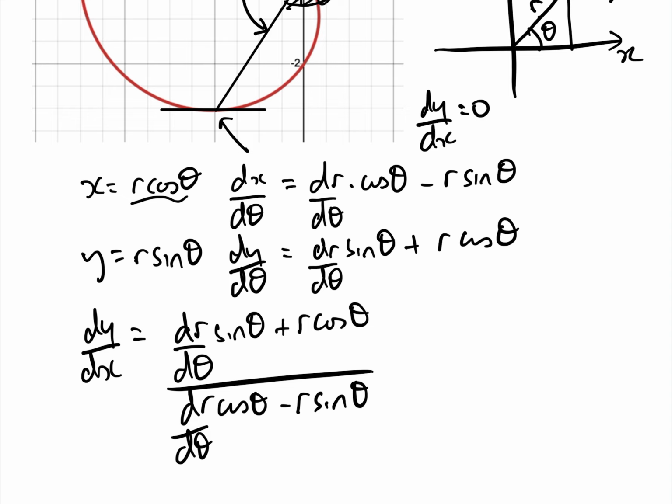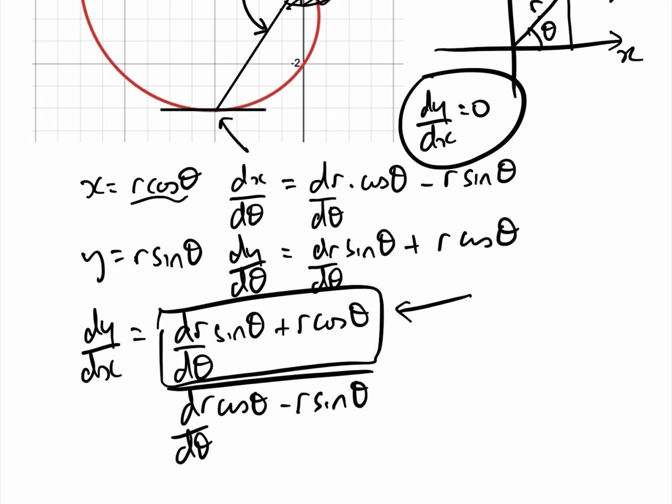We want to find out when dy/dx is 0, i.e. when the tangent is horizontal, so all we need to do is find when this numerator is equal to 0.